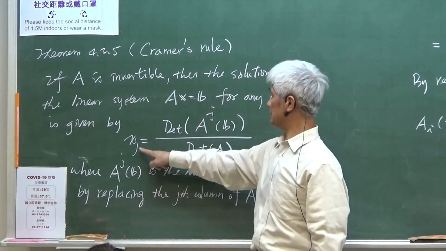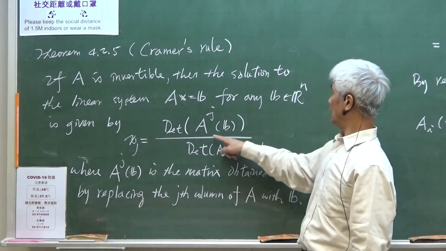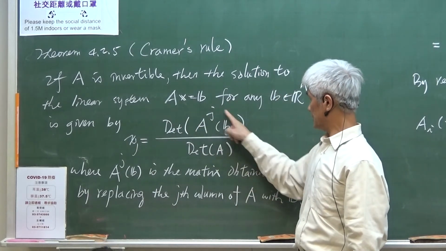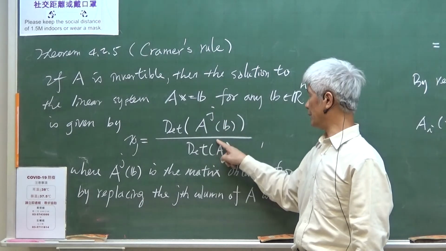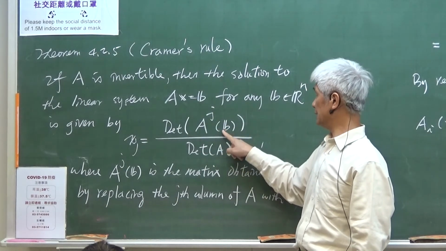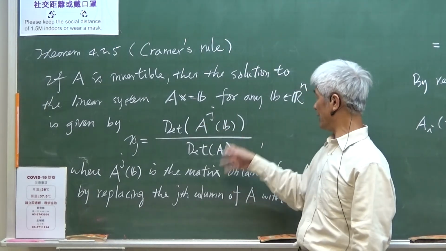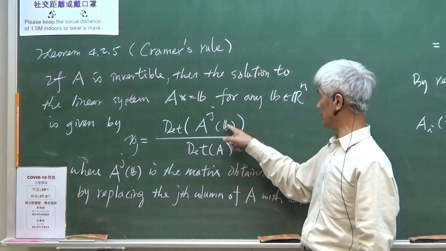So the jth component of the solution is the determinant of this matrix divided by the determinant of A. And what is this matrix? It's exactly the original matrix A, but you replace the jth column of A by B.